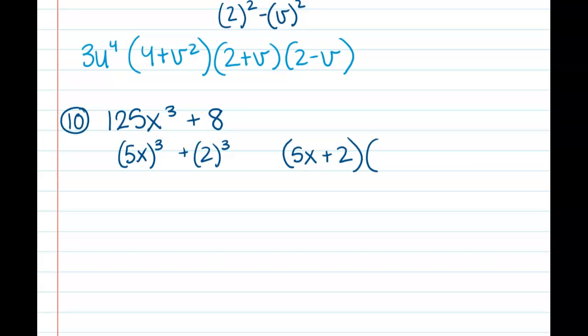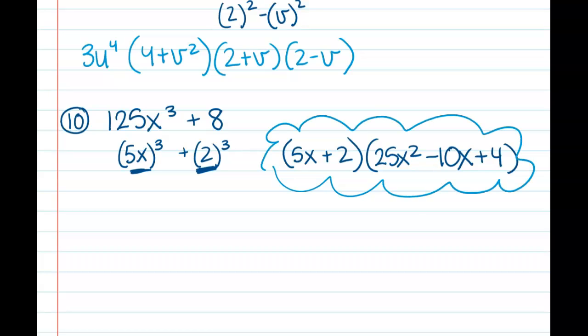My first term in this trinomial here is going to be this squared, which is 25x squared. And then using the pattern, we have a minus next, and we multiply these two things together. 5x times 2 is 10x. I have to rewrite that because I write too big. Plus this second term squared, which is 4. I forgot to switch to blue, so we'll just put a little bubble around it. Or cloud, I guess.